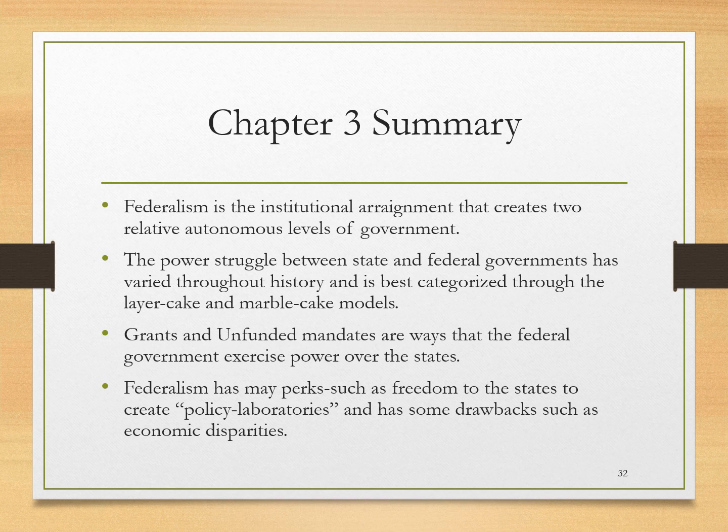The power struggle between state and federal governments has varied throughout history and is best categorized through the layer cake and marble cake models. Grants and unfunded mandates are ways the federal government exercises power over states. And federalism has its perks, such as freedom for states to create policy laboratories, but it also has some drawbacks, such as economic disparities.